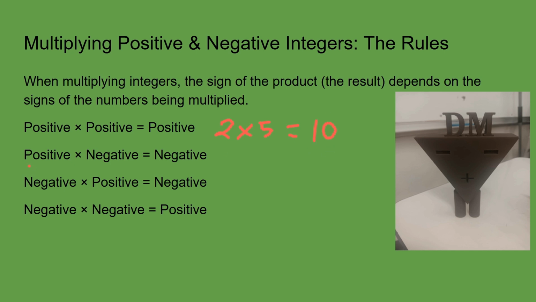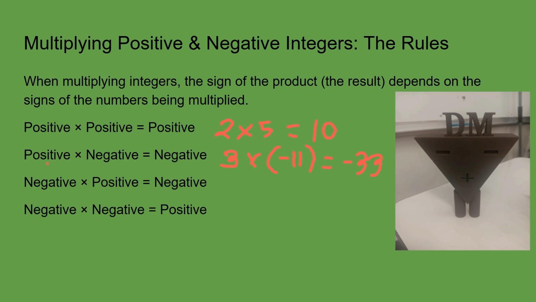Next, positive times negative equals negative. Let us have an example. 3 times negative 11 will give us negative 33. Why?